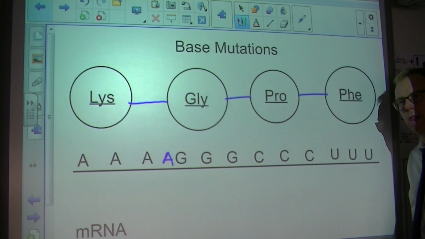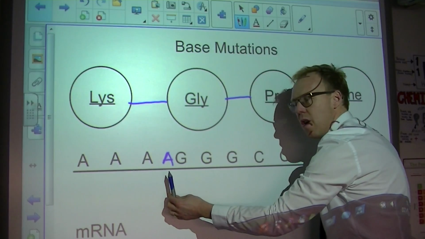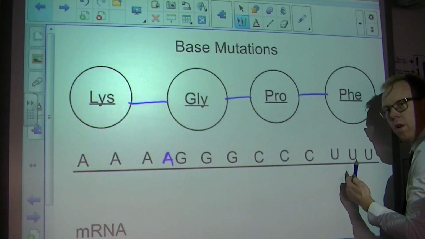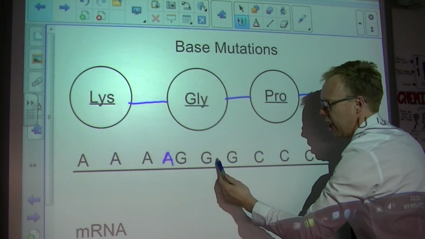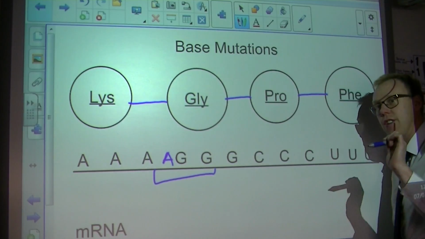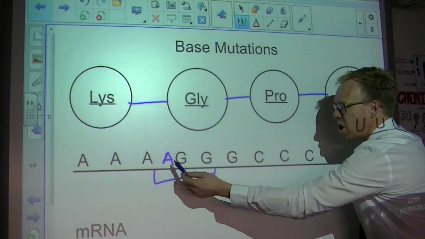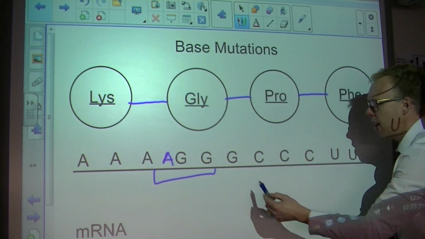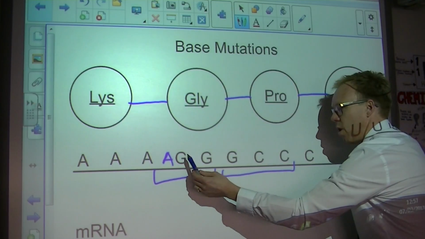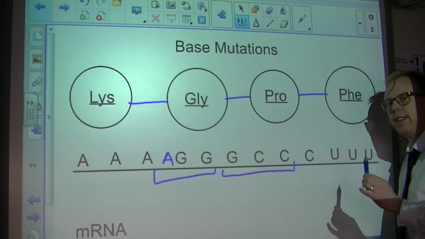To change all the amino acids after the first one. After this first amino acid, we have shifted them all along one. So now I haven't got GGG, I've got AGG. And again, due to the non-overlapping nature of the genetic code, that's a completely different amino acid. I've now got GCC instead of what used to be CCC. Again, completely different amino acid.